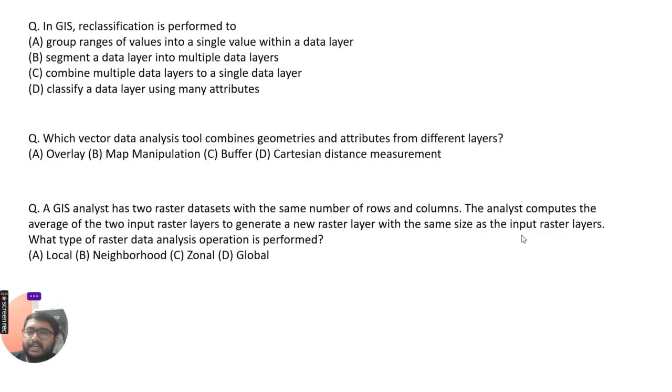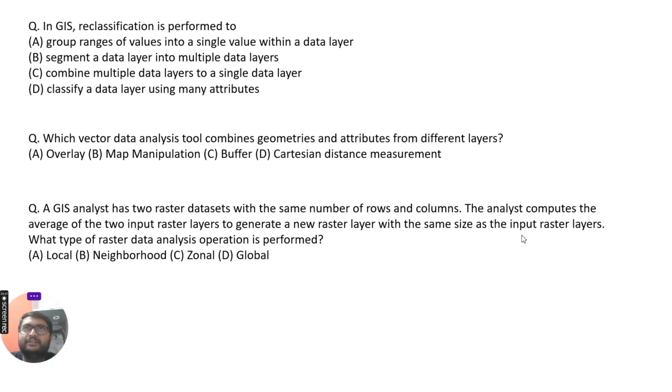Then we have, in GIS, reclassification is performed to... So basically, I will tell you what reclassification is. If you have elevation data, you convert it into two different zones, high elevation zone and low elevation zone. If elevation is greater than 2000, you consider it a high elevation zone.